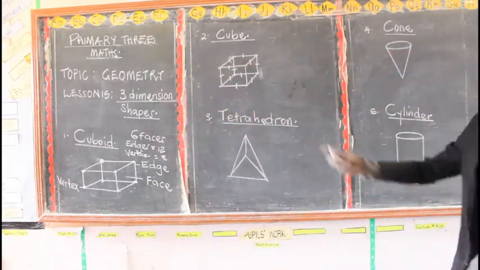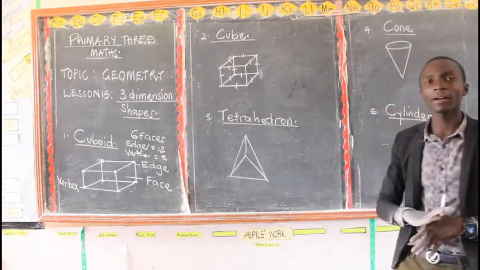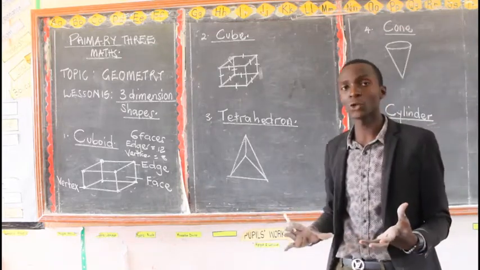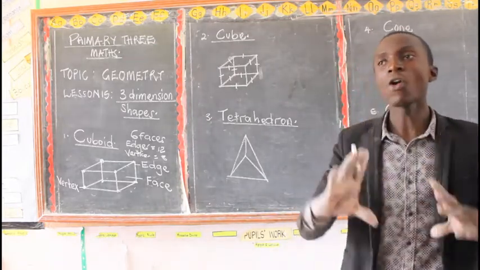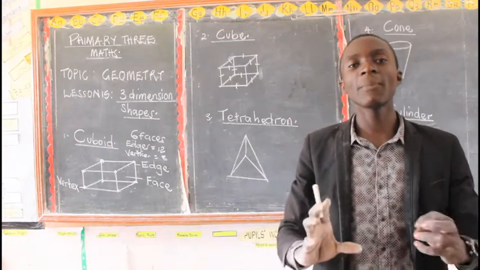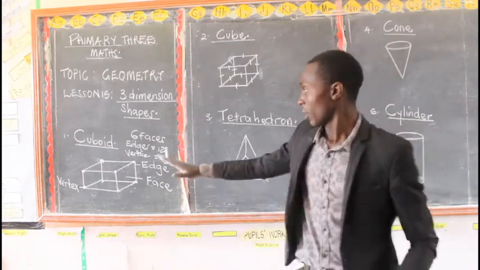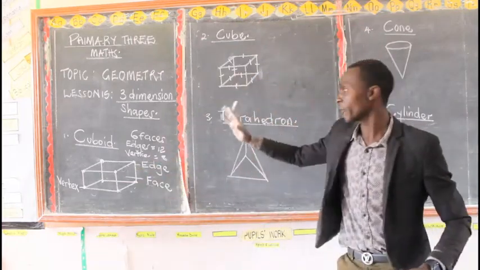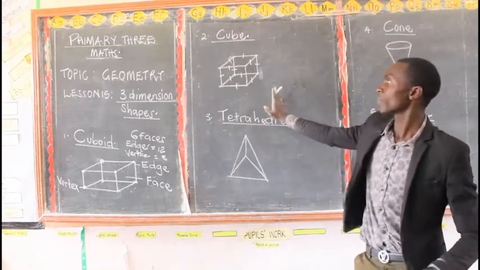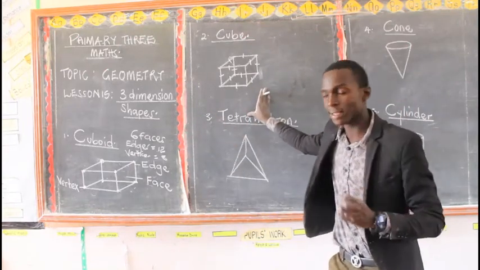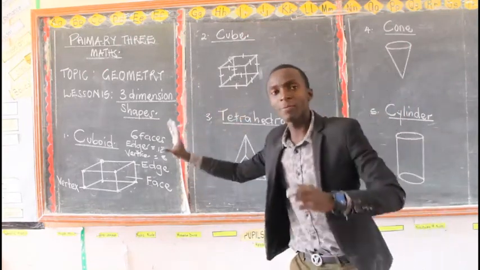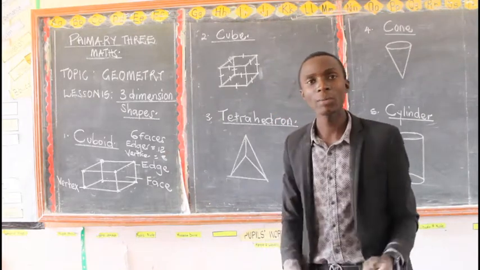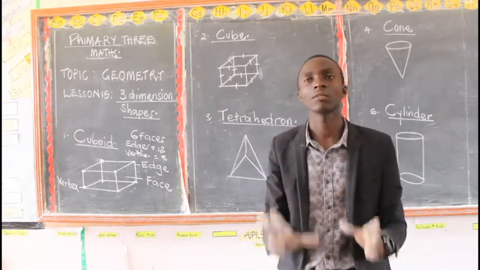We do have another one here. We do have a cube. What are some of the features of a cube? A cube is having all sides equal. It is made up of squares. What are some of the differences between a cube and a cuboid? A cube is made up of squares. A cuboid is made up of rectangles. And remember, rectangles are not equal.